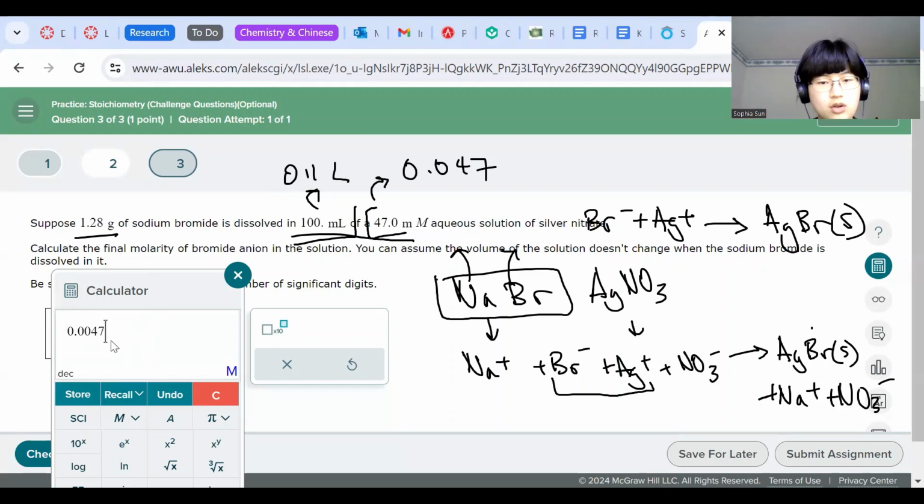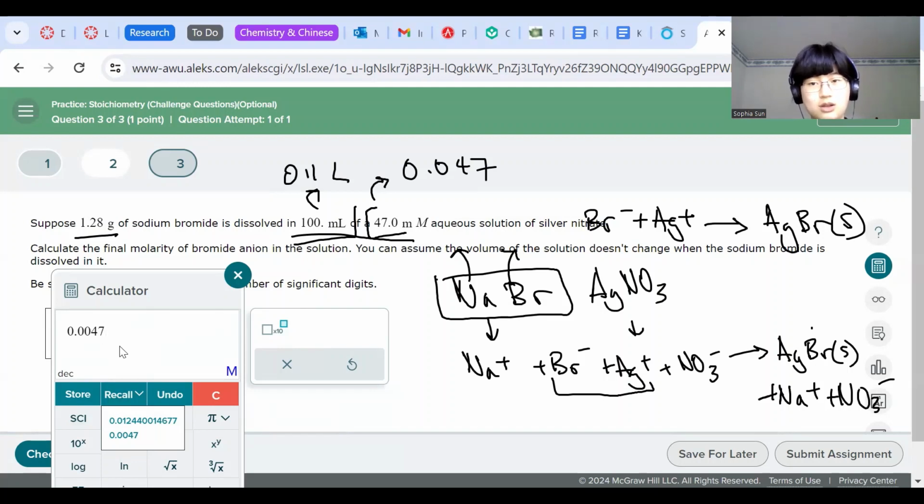So now we know that we have 0.0047 moles of the Ag plus ion. Now that we have these two amounts, how much silver bromide will actually be created? The amount of silver bromide created depends on how much there is of both substances.